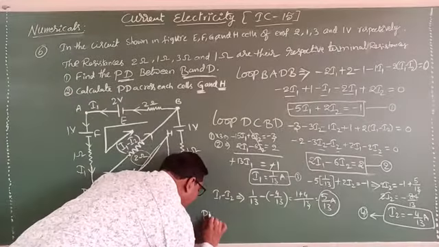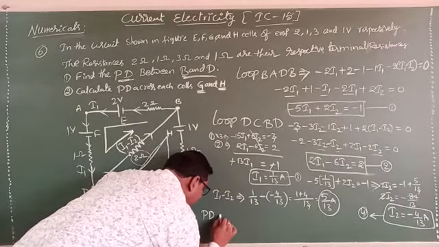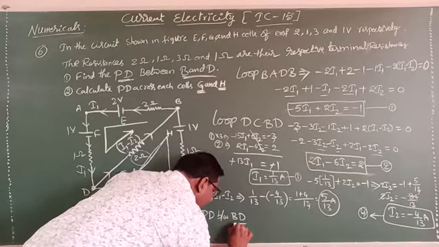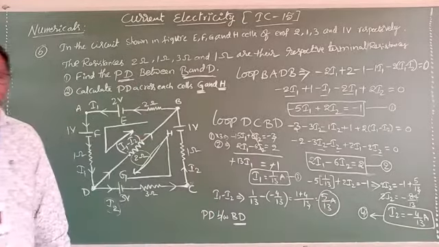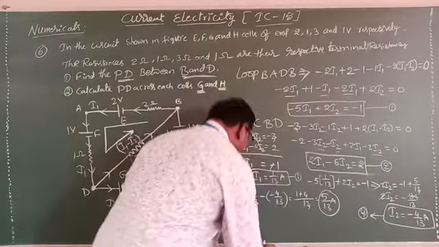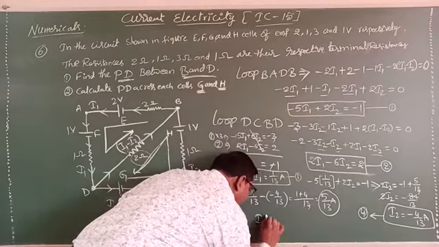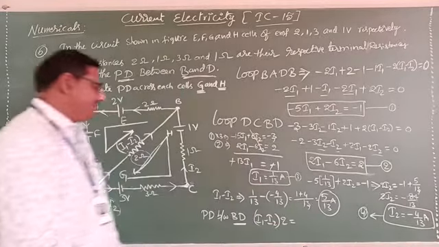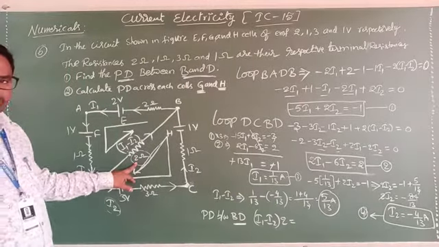Now the potential difference between B and D points. What can I write? I1 minus I2 into the 2 ohm resistor. How much resistance here? 2 ohms.